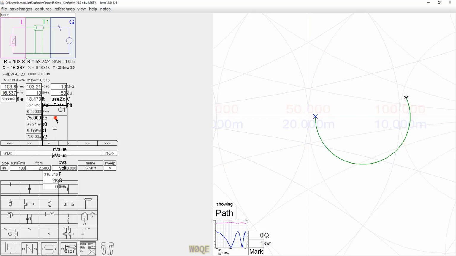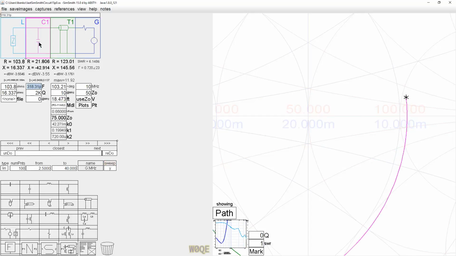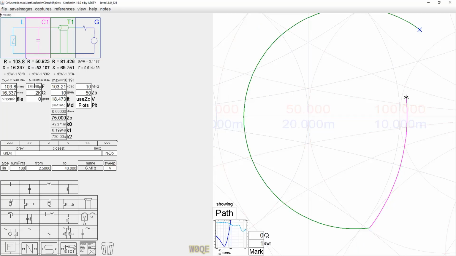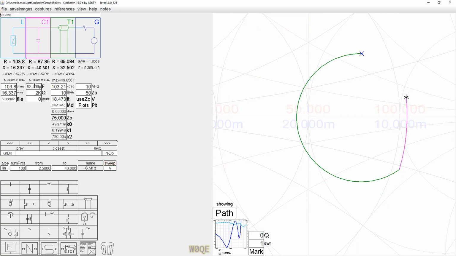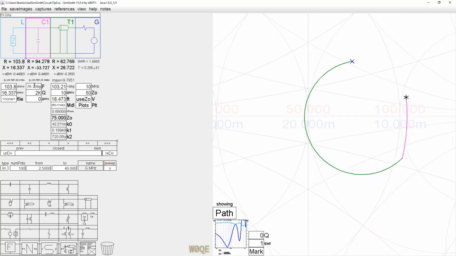Let me see if I can get this right on the first time here. There we go. If I added a capacitor across the antenna points there of 70 picofarads, and then put a 68-degree length of transmission line in there, I'd have a better match.